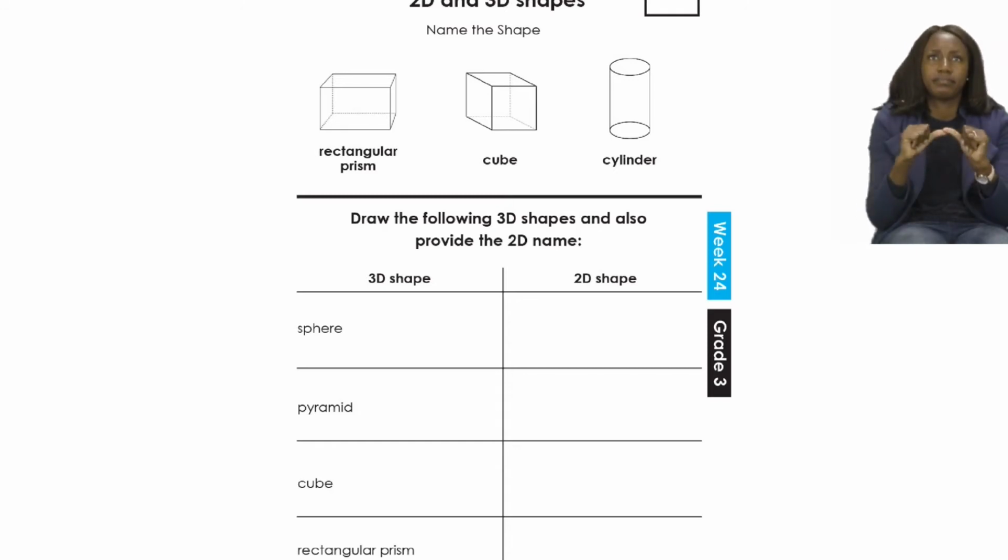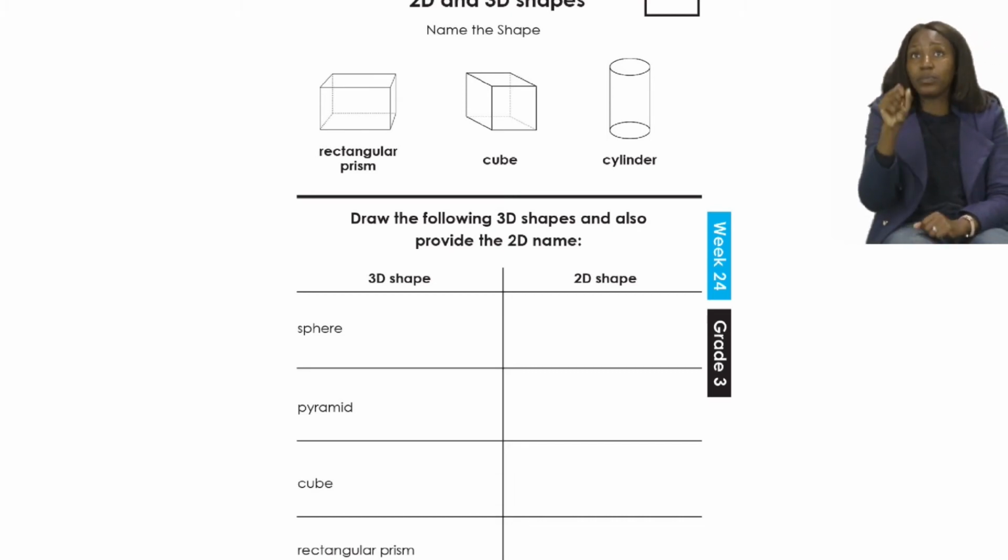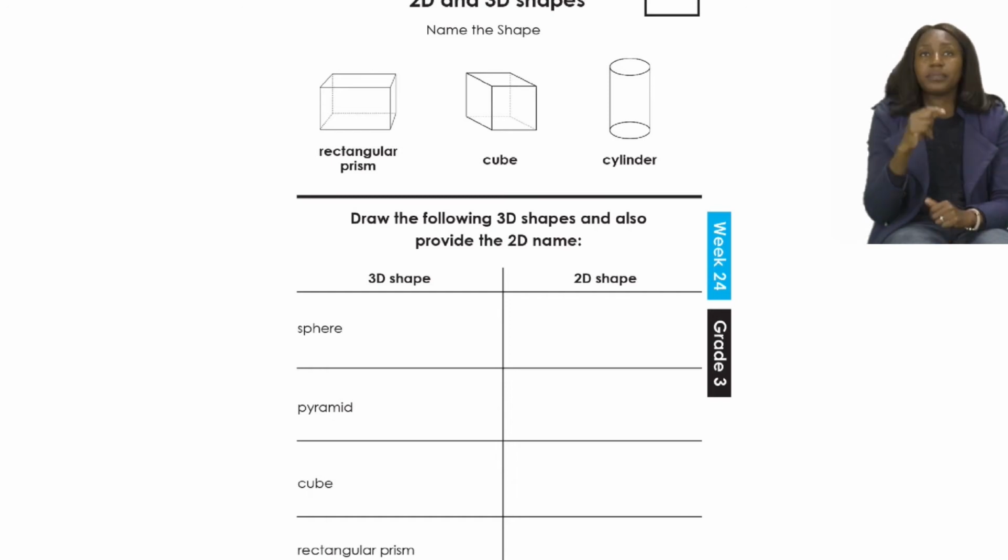Let's look at the second part. It says, draw the following 3D shapes and also provide the 2D name. Okay, so there you will see on the one side of the table you have a space for your 3D shapes, and on the other side of the table you have a space for your 2D shapes.